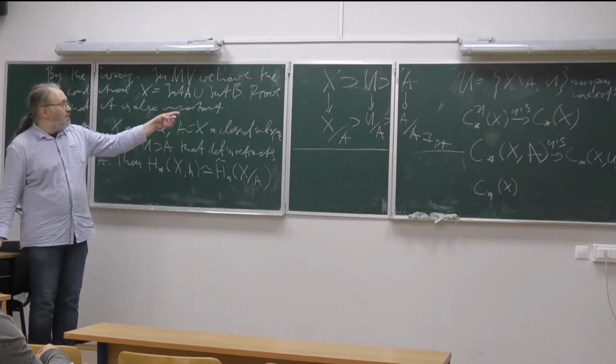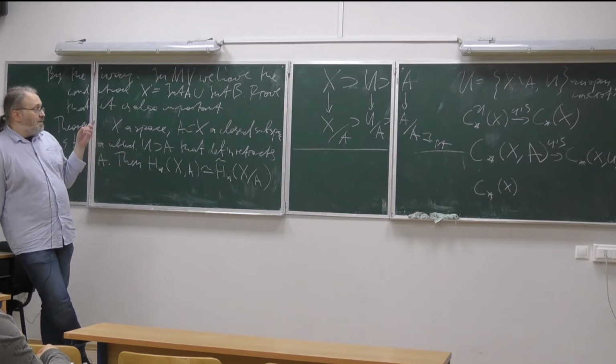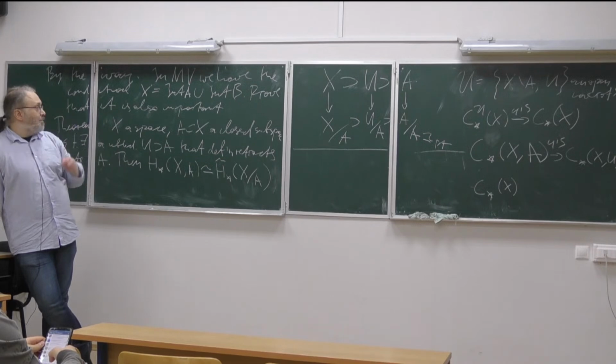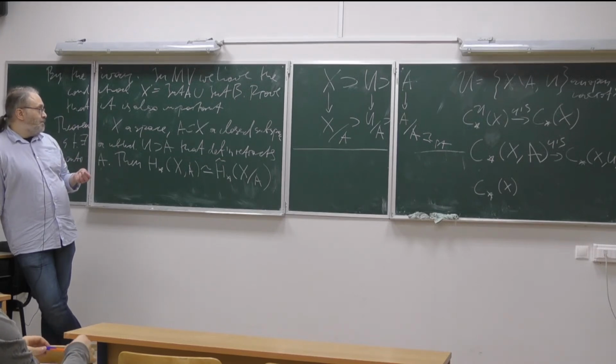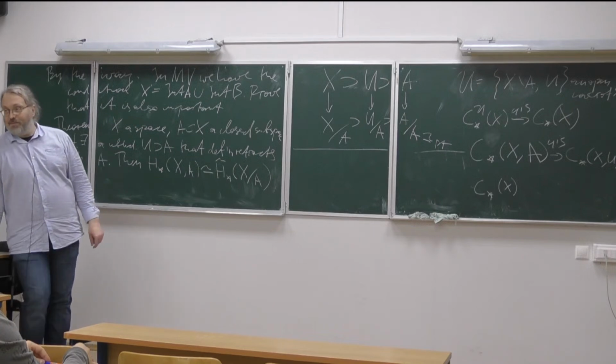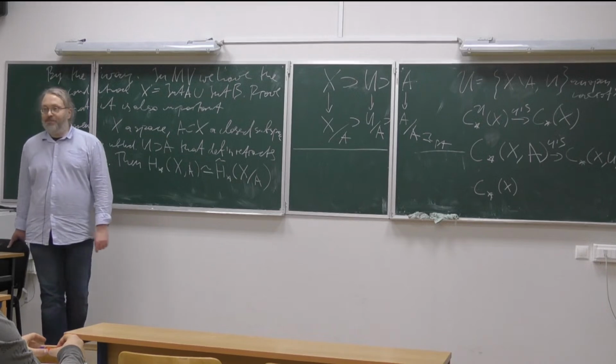Actually, maybe the excision property already suffices. Let's think a little. So, any suggestions? We need to show that this map is an isomorphism. We need to think.